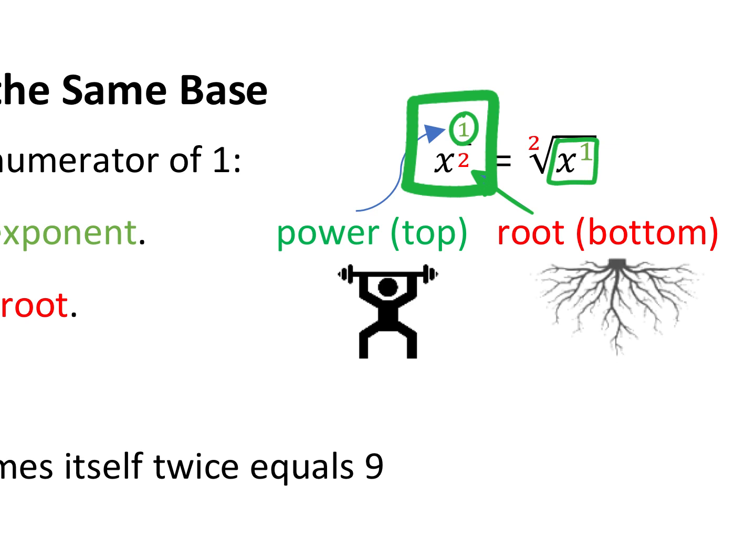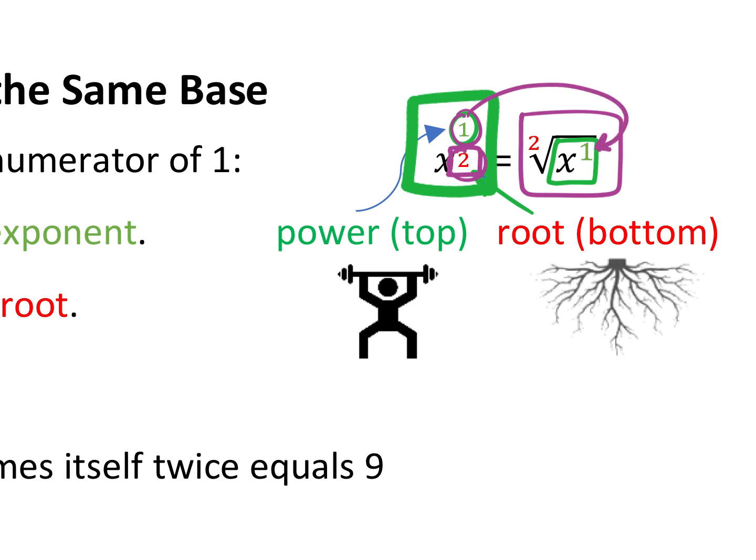Okay, so the root, that's the thing that goes down. We're going down with our root, right? The root is the one that is on the bottom. So think root, the bottom number; power, the top number. We're going to turn that into a radical. So x to the 1/2 power, we take that 1, that's my power.